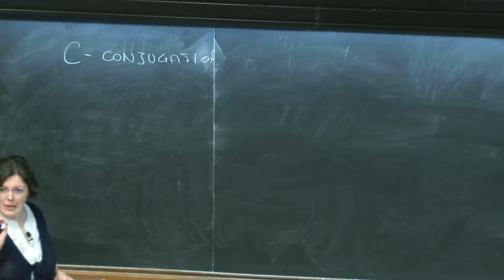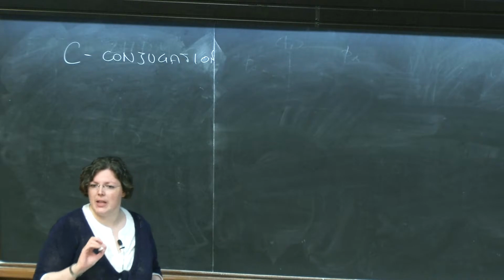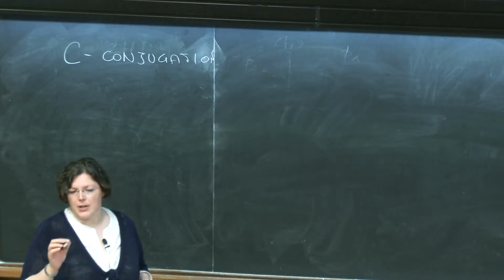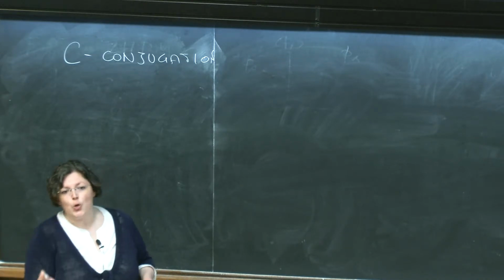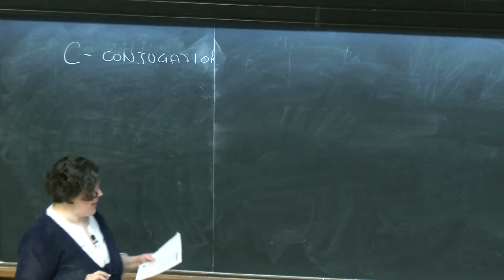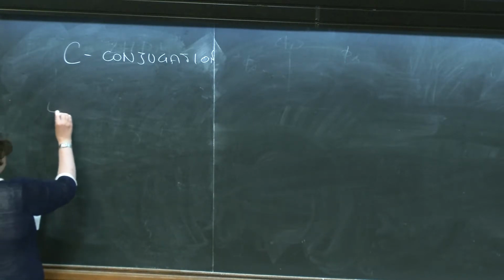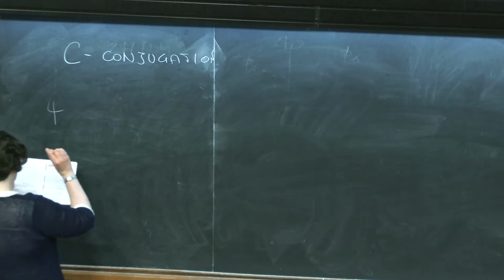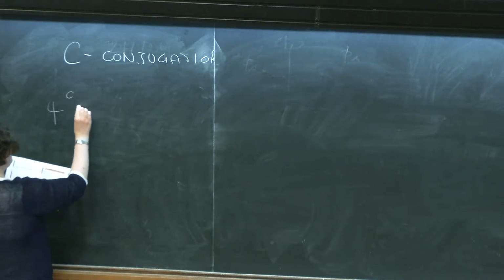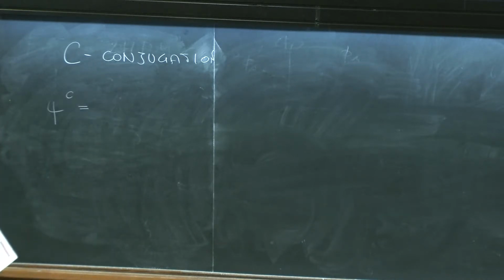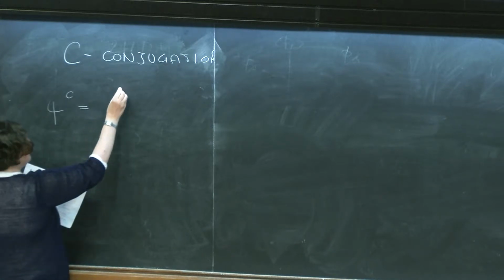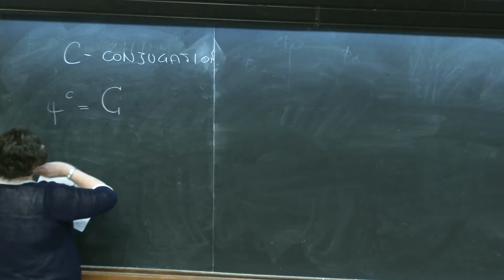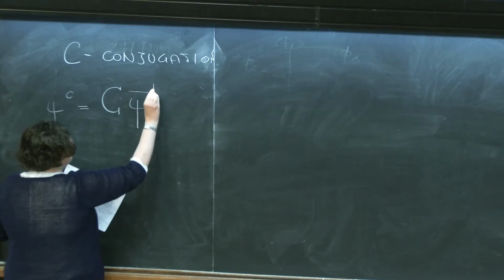In particular, if you think in terms of annihilation and creation operators, this will change an a to a b in the Dirac spinor. With this, we can introduce the charge conjugated field, which I call ψ^C, which is Cψ̄ transpose, where C is a matrix that I define in a minute.